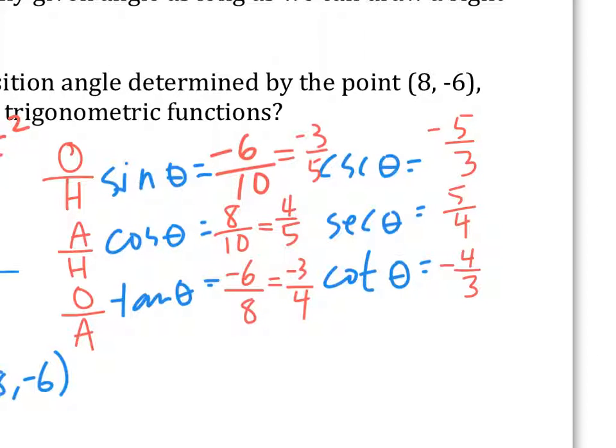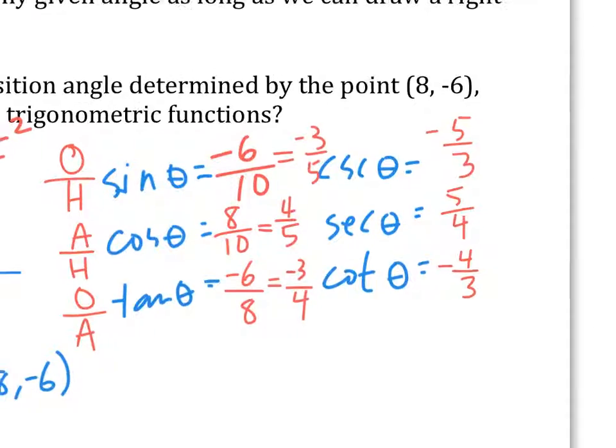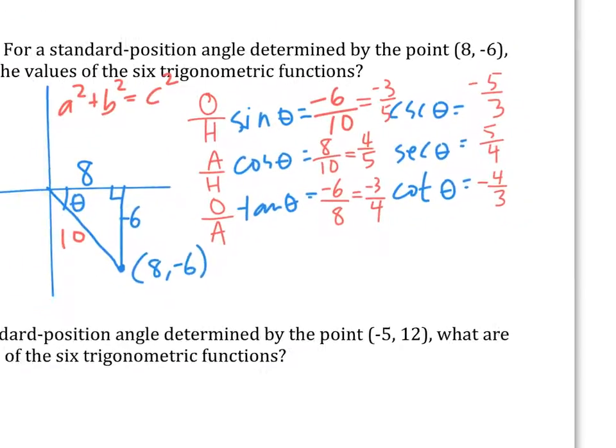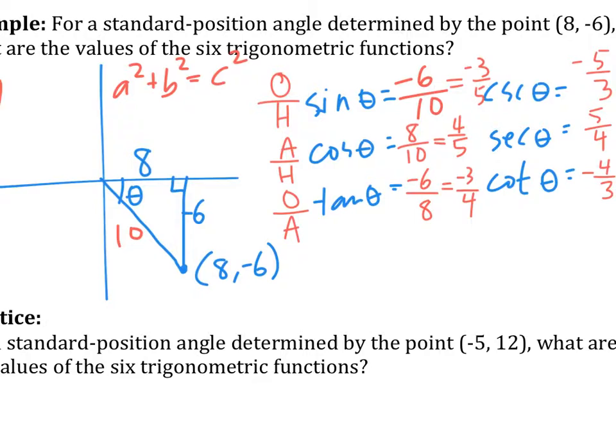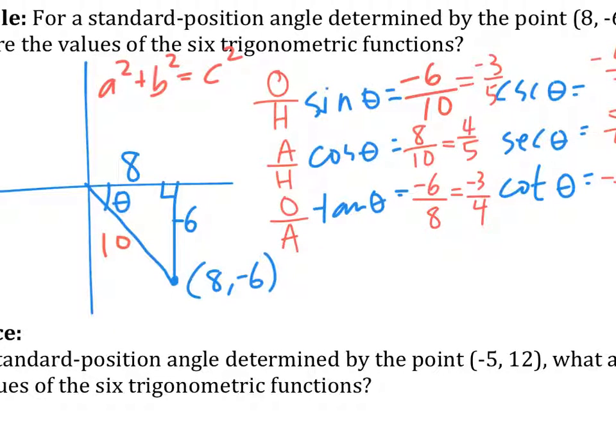Okay? Let's do another problem to practice. In a standard position angle, again, standard position means you're going to start at 0 and then you're going to turn. The point is -5, 12. What are the values of the 6 trig functions?